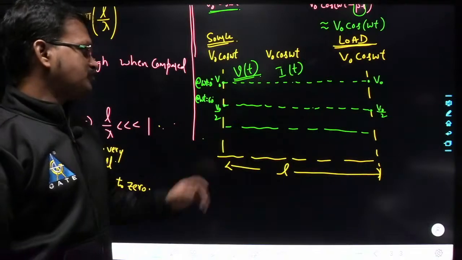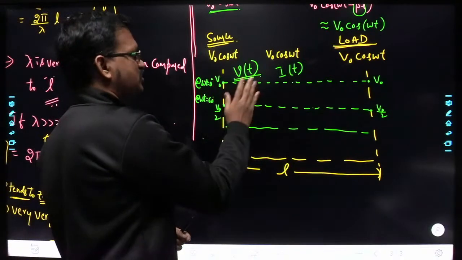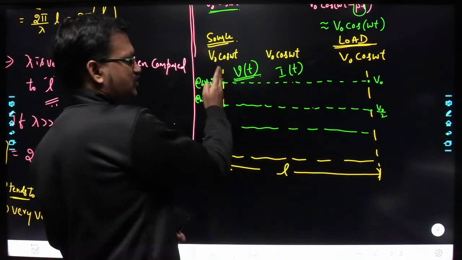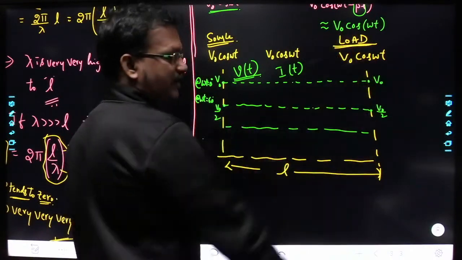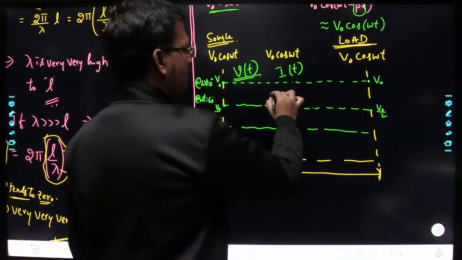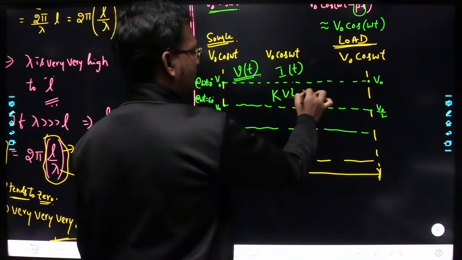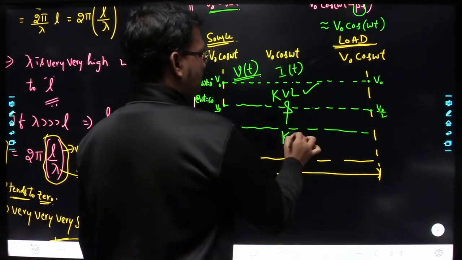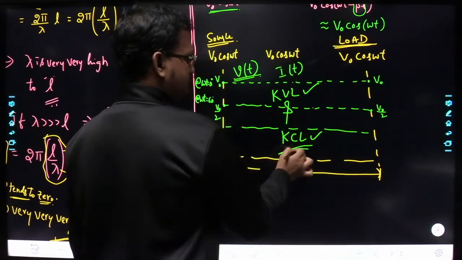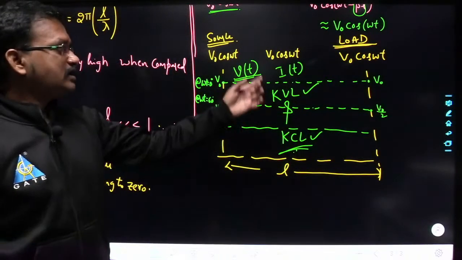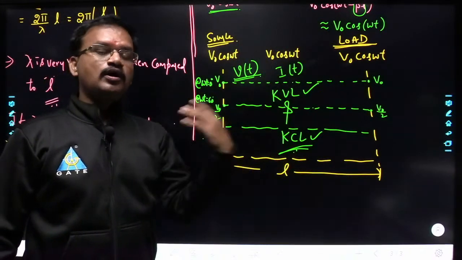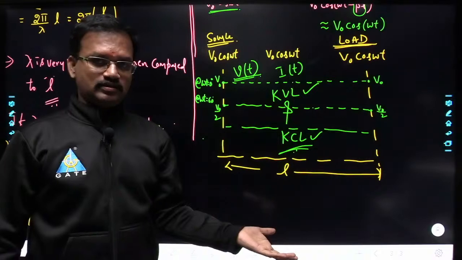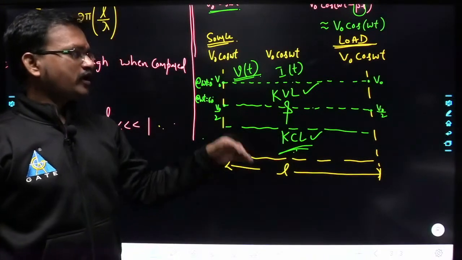Now if you observe, whatever voltage is present at the source at any instant of time, the same voltage is available at the load. Hence here you can happily apply KVL, and also KCL. If we are doing the analysis with a voltage signal, the same analysis you can do by taking the current signal, so there is no need to do it twice.